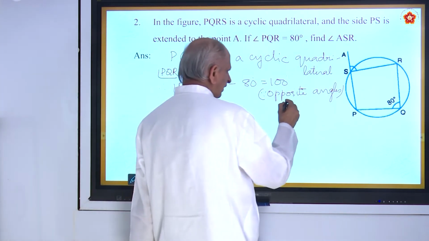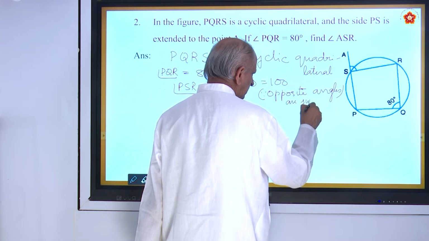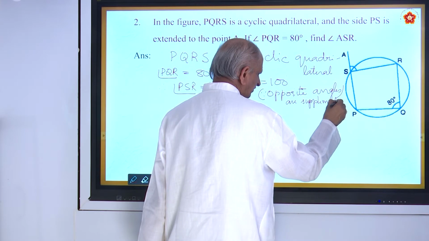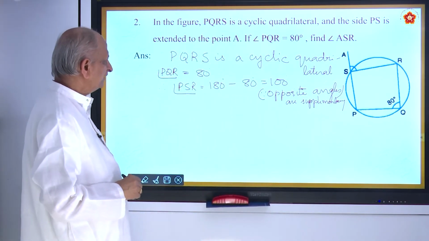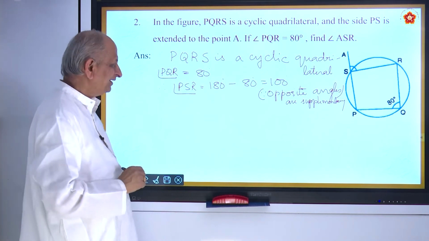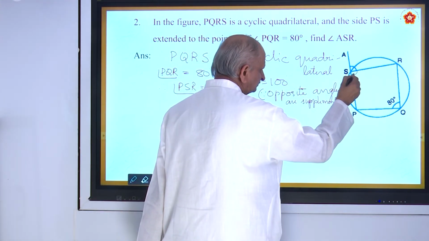Supplementary means sum of the two angles is 180 degrees. So, if one angle is 80 degrees, the other becomes 180 minus 80, that is 100. So, this angle becomes 100.